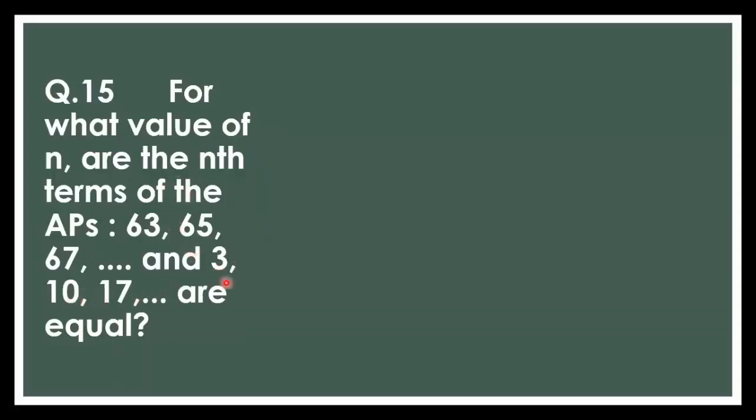So they are telling both the series are equal. A1 plus n minus 1 into D is equal to A2 plus n minus 1 into D. So apply the A value for this one: 63 plus n minus 1 into 2 is equal to 3 plus n minus 1 into 7.